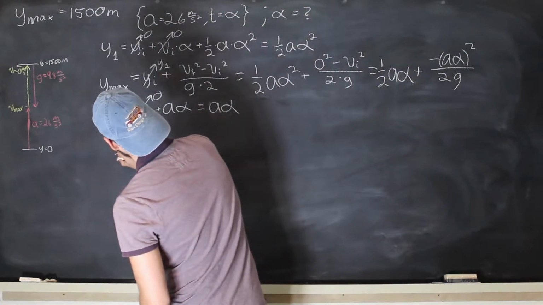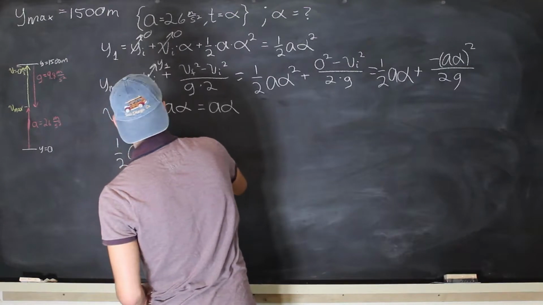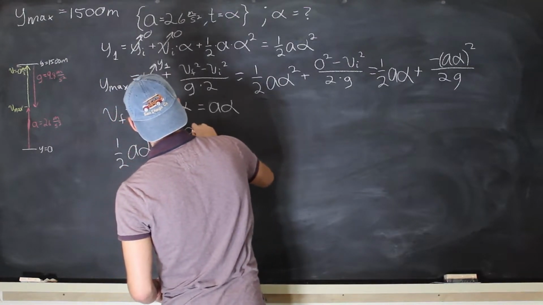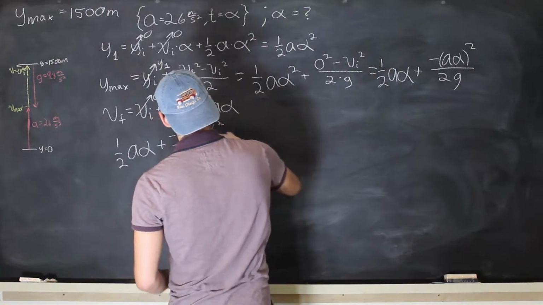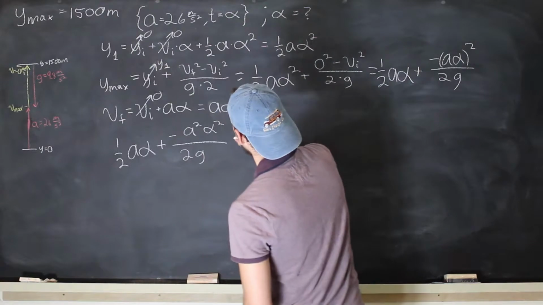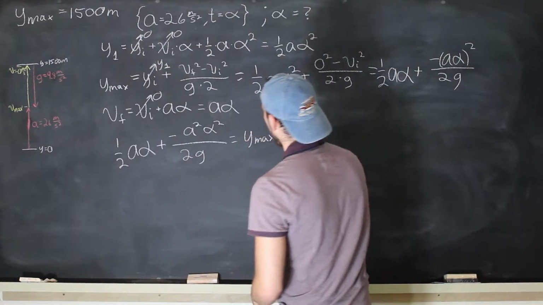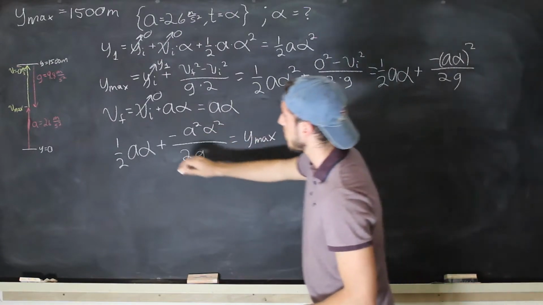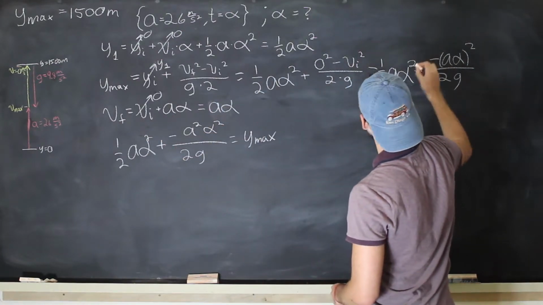So we have half acceleration alpha plus negative acceleration squared alpha squared over 2g is equal to y max. So we want to solve for alpha, and this is actually alpha squared.